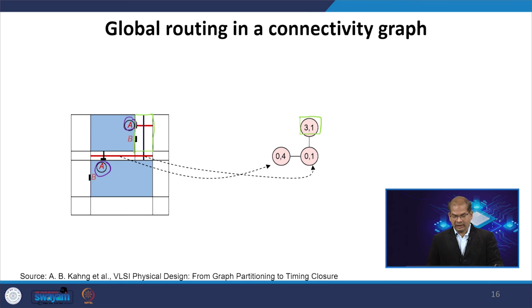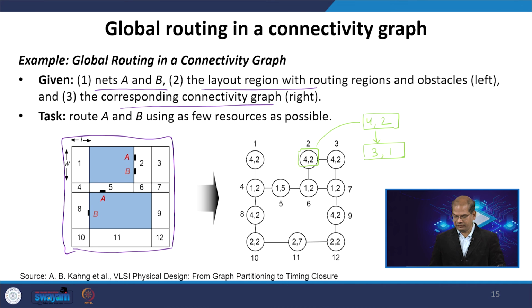Now we are going through two more nodes. What are those two nodes and what are the resources before routing? Here the resources before routing are 1 and 2, and here they are 1 and 5.